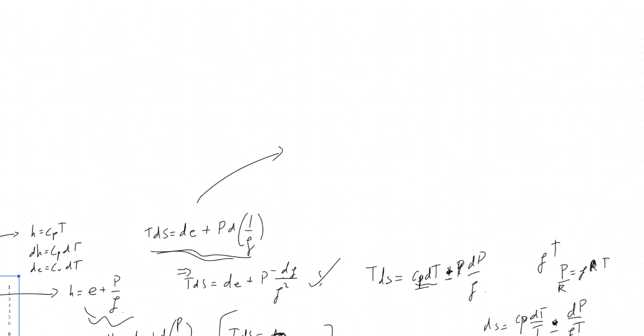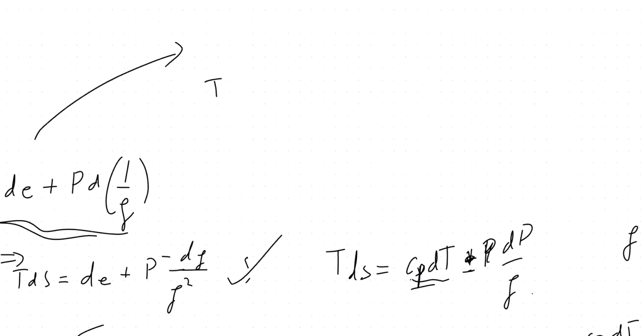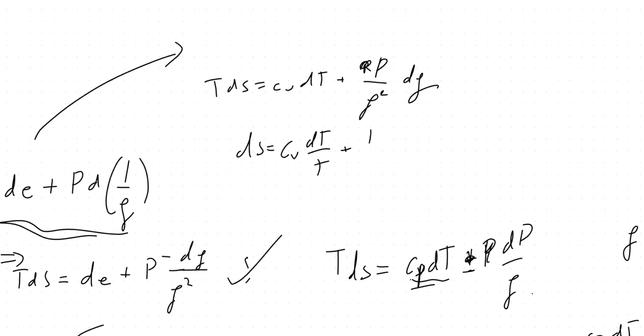TdS equal to CV dT plus, no, plus P over rho square d rho, right? So dS equals CV dT over T plus P over rho square d rho over T. Okay, so I'm going to keep a rho over here because I can see over here P equal rho RT, right?